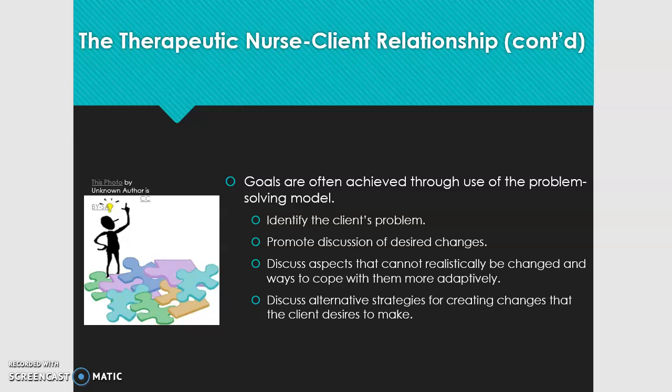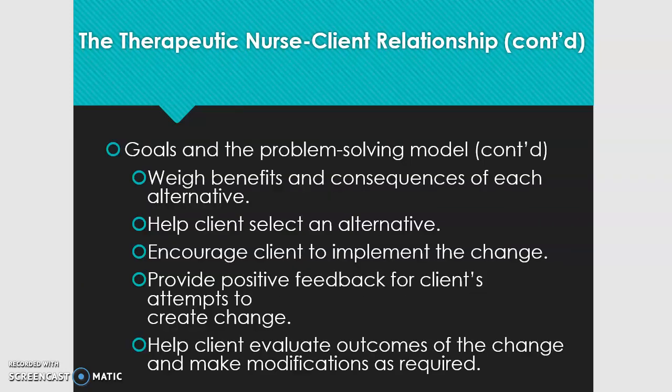So, I mean, you're going to have to help them set their own goals. This is about them learning how to problem solve. So again, setting goals, weighing the benefits and consequences of alternatives, helping them select alternatives. Maybe they tried something, it didn't work. Let's look at an alternative. They need to be open to change, right? They need to be providing feedback about themselves.